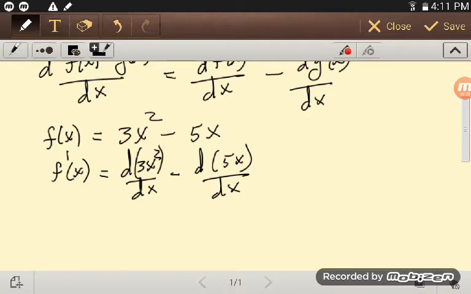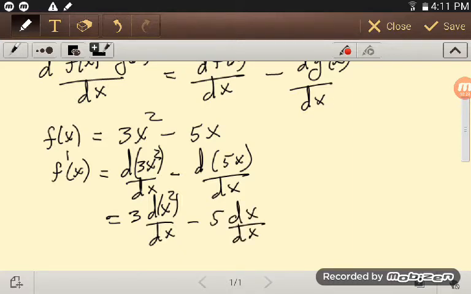But now those, I use my rules. That is 3 times the derivative of x squared with respect to x minus 5 times the derivative of x with respect to x. And both of those are power rules.